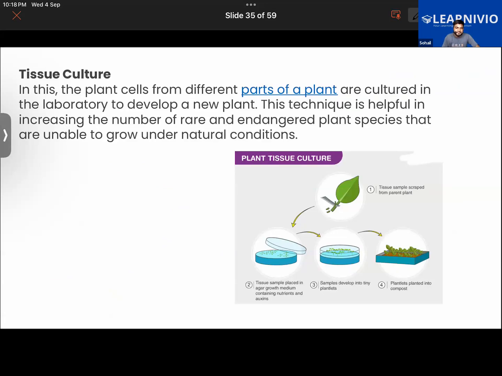So talking about tissue culture here, what do you guys understand by tissue? What is tissue? Yes, Priyanka, what is tissue? Not that difficult, I think. Certain paper? Tissue, not paper. I'm talking about tissue.